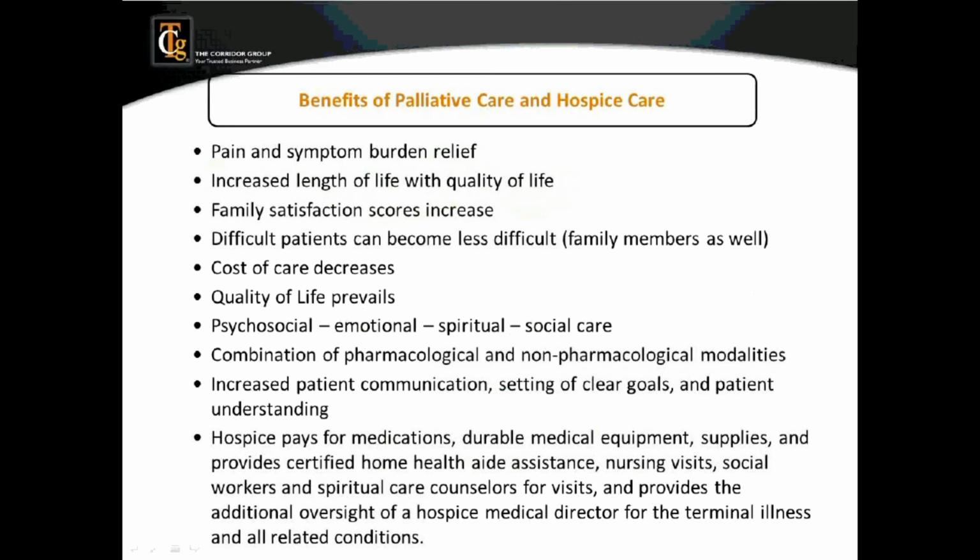Because if you know that pain and suffering would diminish, how they're eating, how their activity would be. Once you get that pain and those symptoms under control, the person has a better quality of life. Family satisfaction scores have increased. Difficult patients can become less difficult, and so can family members.